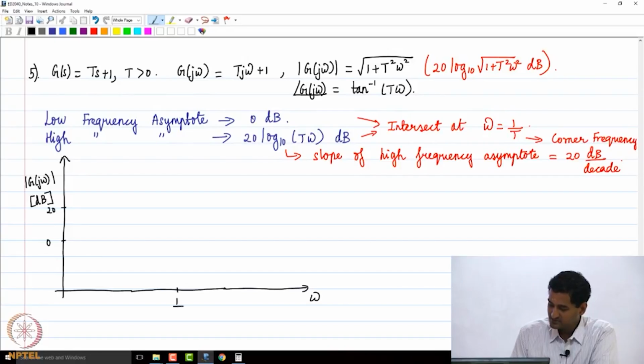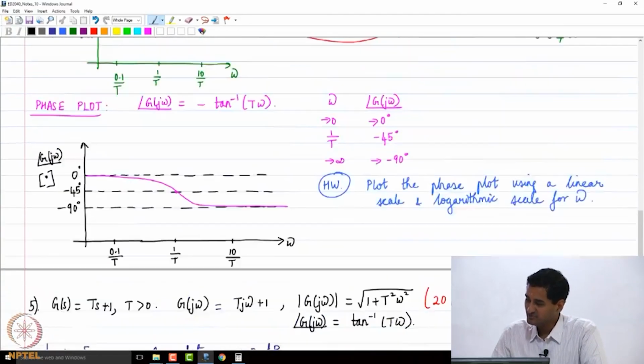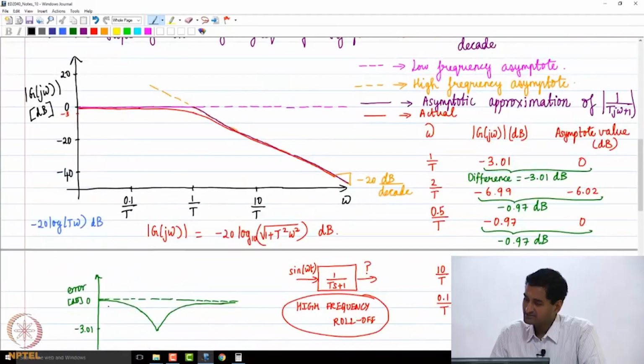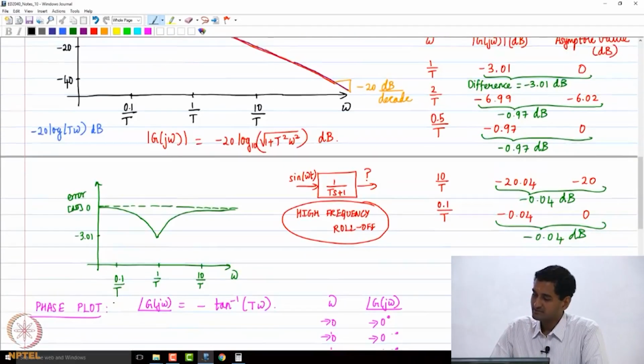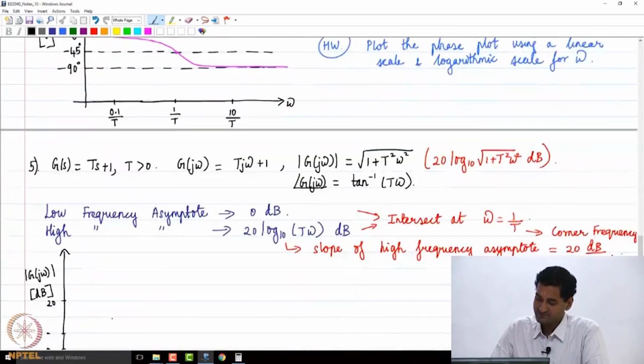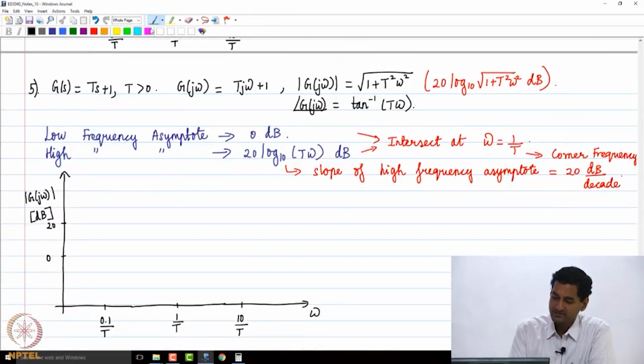Let us say this is 1 by capital T, 10 by capital T and 0.1 by capital T. Let me use the same colors as before so that we are consistent. I used pink for low frequency, yellow for high frequency. So I use pink for the low frequency asymptote, and the legend remains the same as before.